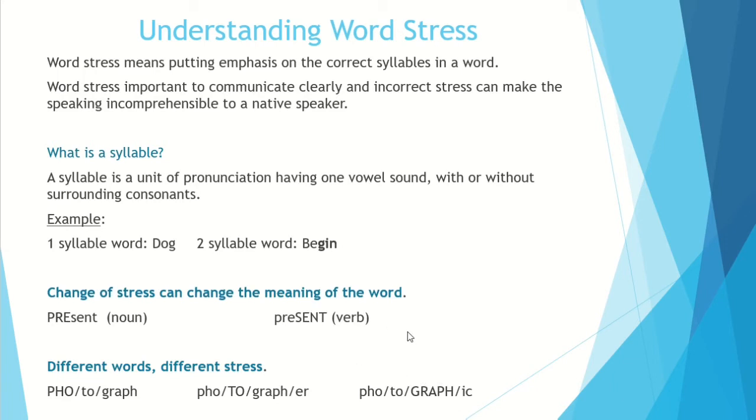So this can be a bit confusing, but if we understand four simple rules that I'm going to talk about, it will make our life a bit easy. Of course, there are many exceptions to these rules, but to start with, these rules will help you say most of the words in a correct way.